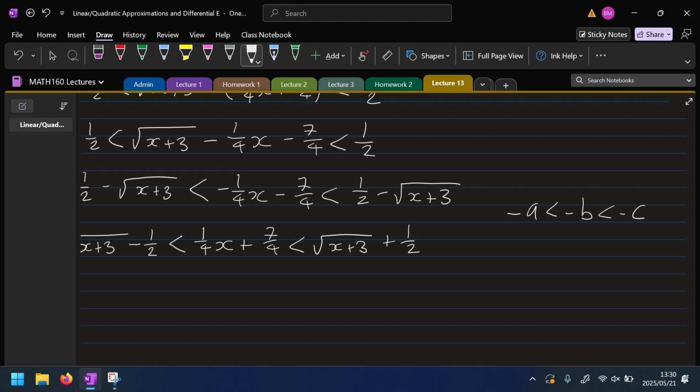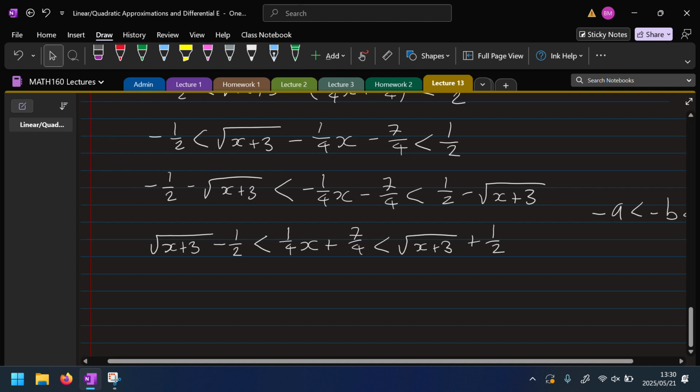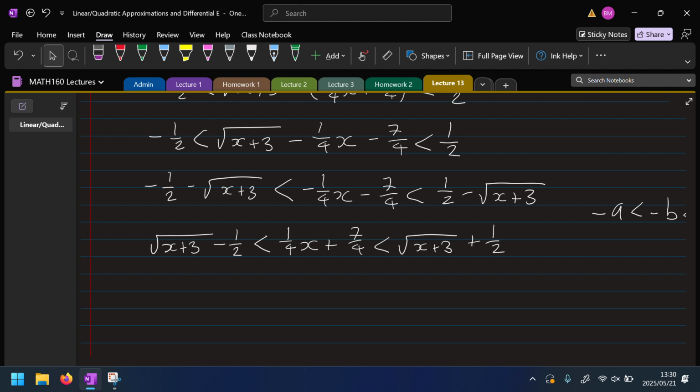It swaps. Isn't it supposed to be positive now, but you flip it over negative? No. We're looking at the third one. The third one goes first. The first one goes to the third one. The inequality swaps. So the biggest one becomes the smallest one, and the smallest one becomes the biggest one.